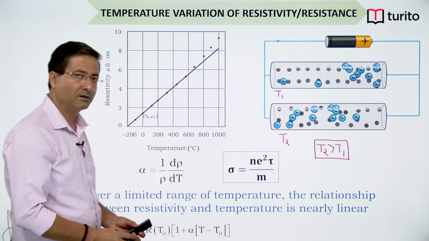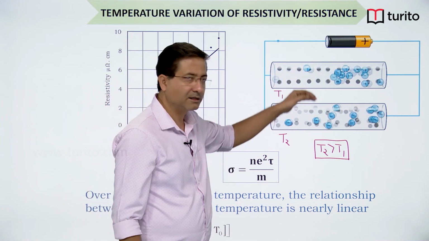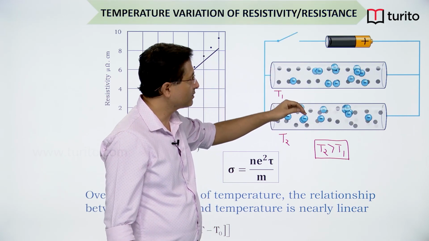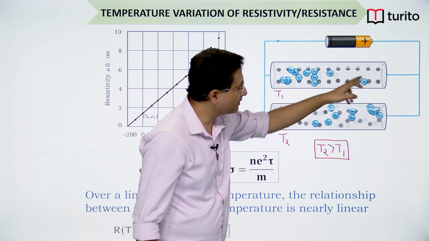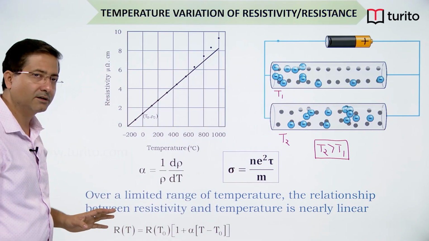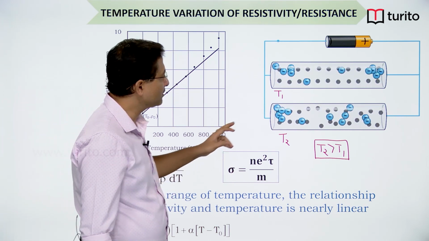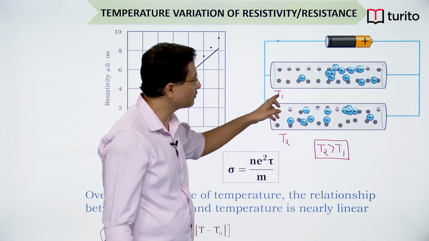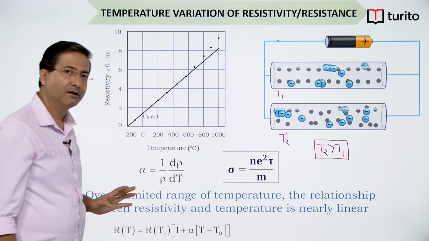So, same material, same dimension, connected across same source. So, potential difference across here and potential difference here both will be same, and the only difference is one is having temperature larger as compared to another one. So, this is at T2 and this one is at temperature T1.